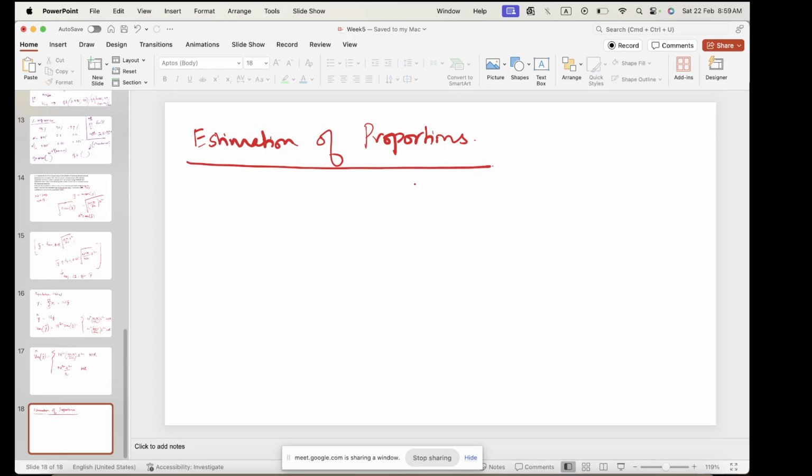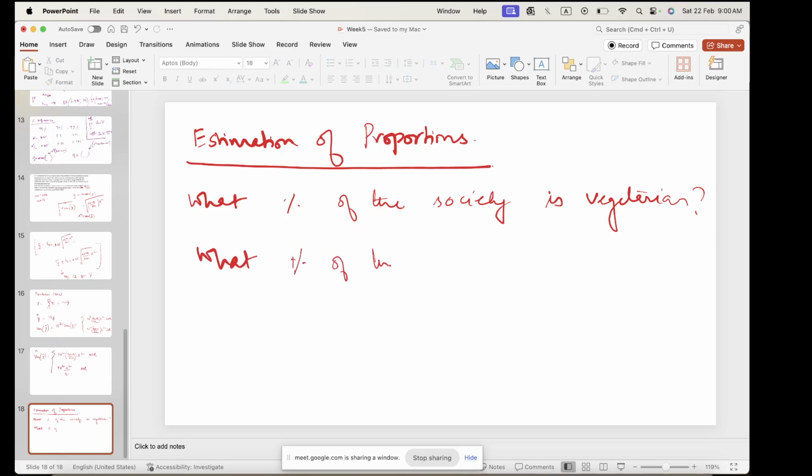Okay, so questions like what percentage of the society is vegetarian, let's say, or something like this. What percentage of the society is obese?